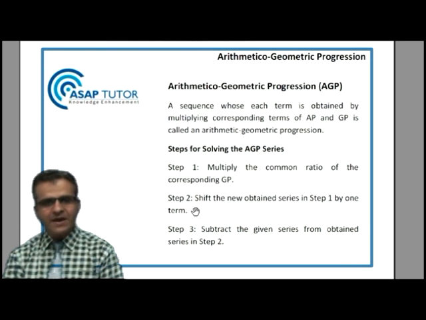The second step is to shift the new series obtained in step 1 by one term. The third is to subtract the two series, the first series and the second series obtained from the second step, and then solve it.